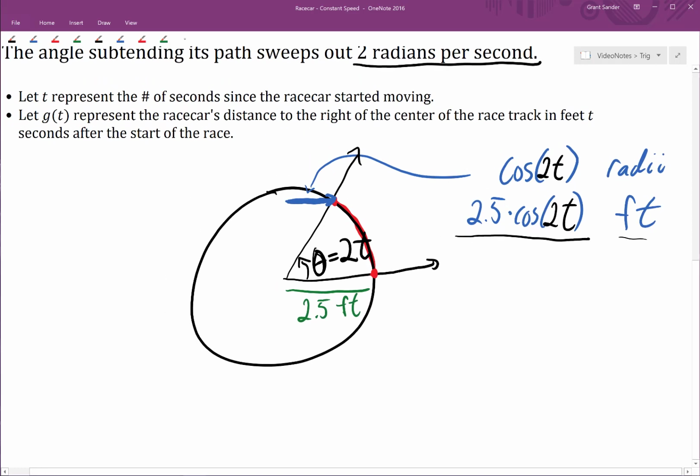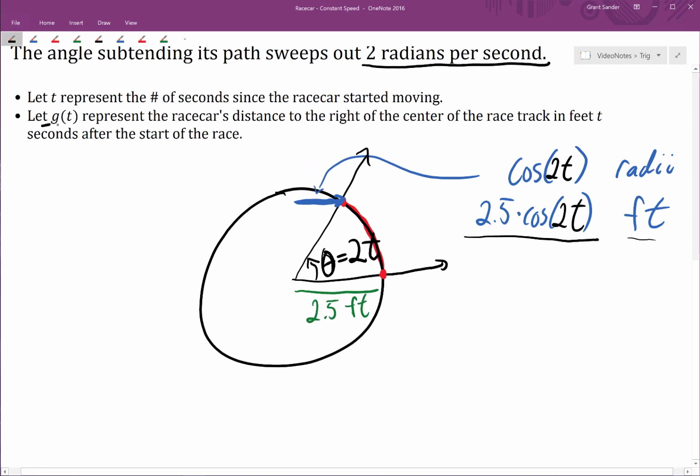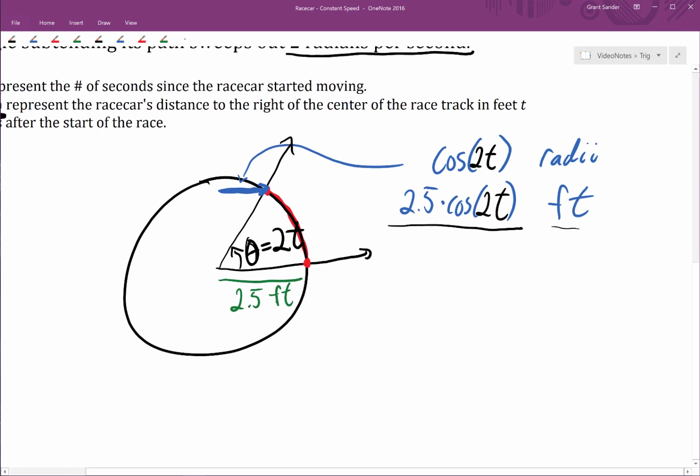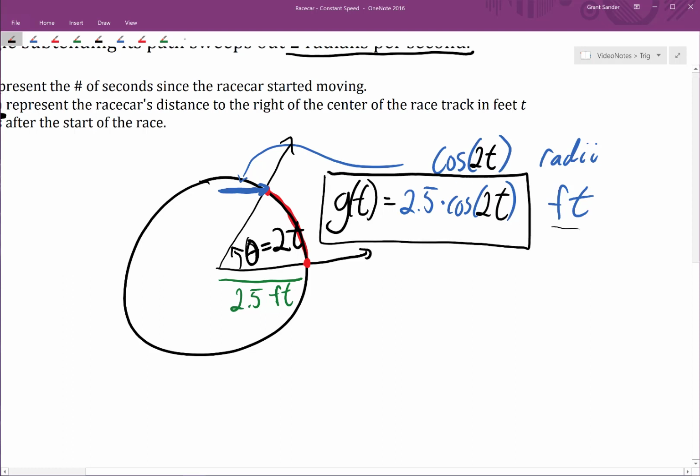But we decided that's what this function output g of t was going to represent, and therefore g of t is going to be equal to this expression over here. We could say g of t is equal to 2.5 times cosine of 2t. And therefore, we have a function definition for this function g.